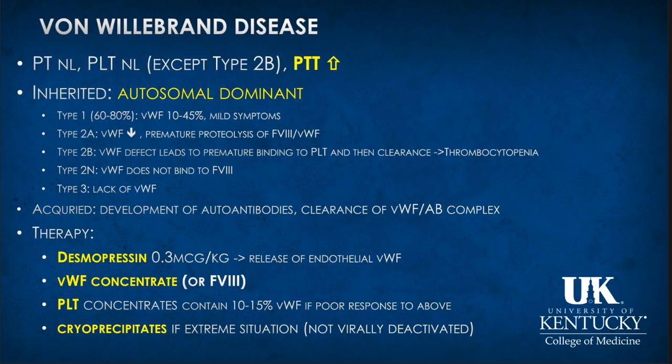Obviously, not every type of von Willebrand disease will respond to that. There are von Willebrand factor concentrates. Platelet concentrates also contain von Willebrand factor if you have poor response to the steps above. And in extreme situations, also cryoprecipitate can help with controlling this coagulation abnormality.